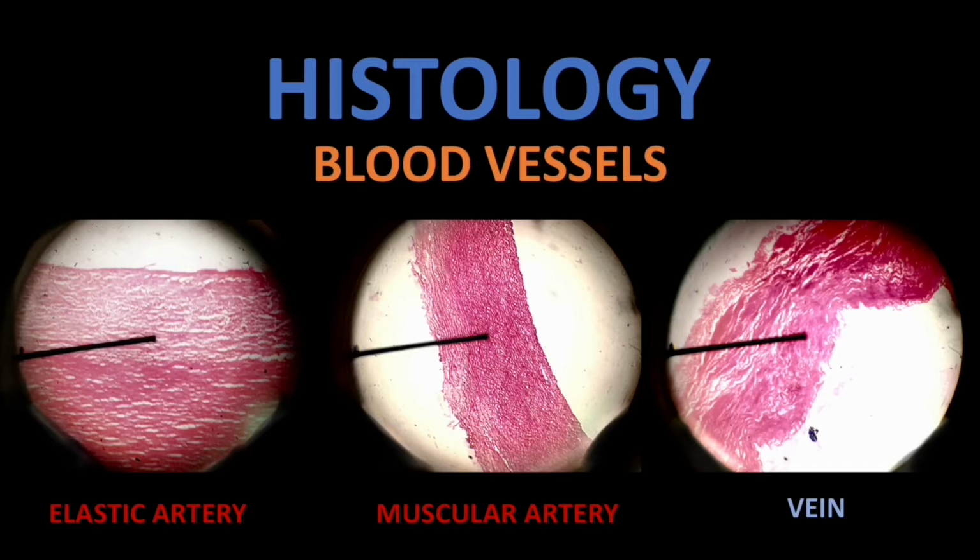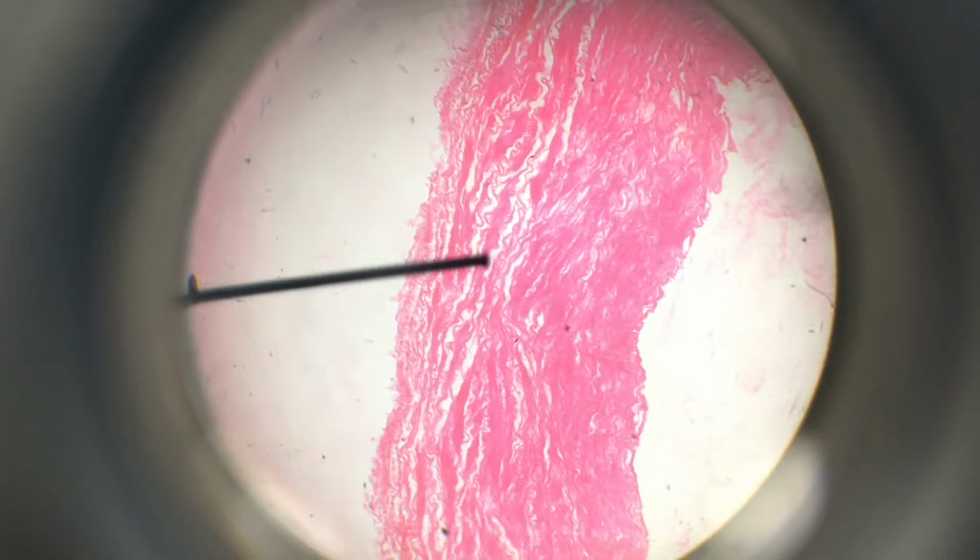So we are going to discuss here in this video series of the histology about the blood vessels. So here you can see under the microscope I have mounted the vein slide under the low power.